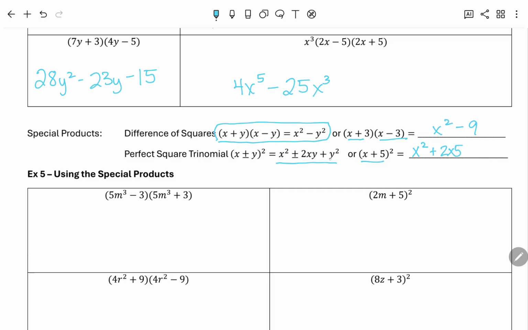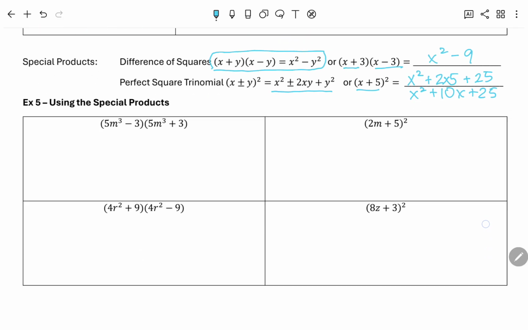And then your last term is just your y squared, so 5 squared. So really what I would write is x squared plus 10x plus 25.